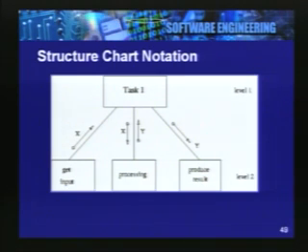So, in general the modules which call each other may have some data items flowing from the calling module to the called module, or there may be some results which go back to the calling module. This is the data which flows as parameters between the modules when one module invokes another module.